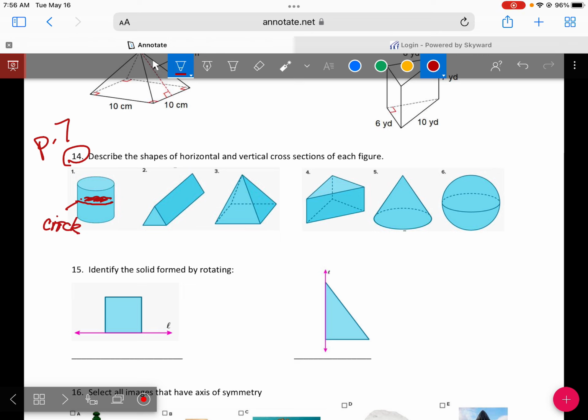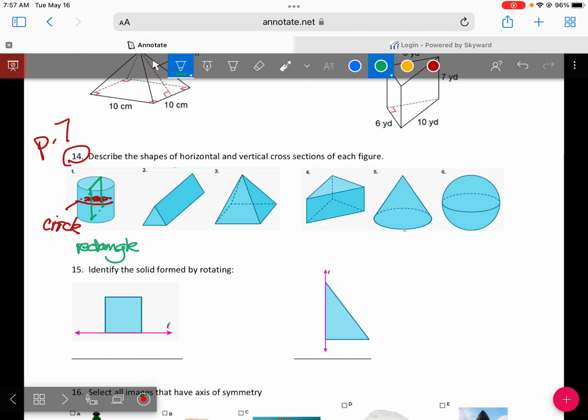And if I cut this from the top, what is that shape going to be? If I slice it down the center of that circle from the top, a rectangle. Very good.